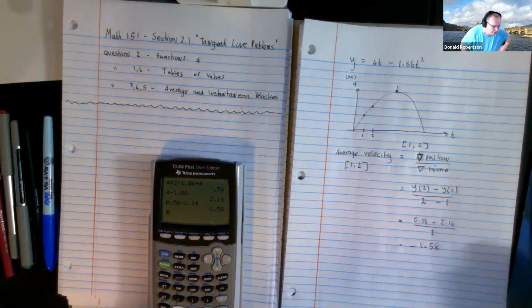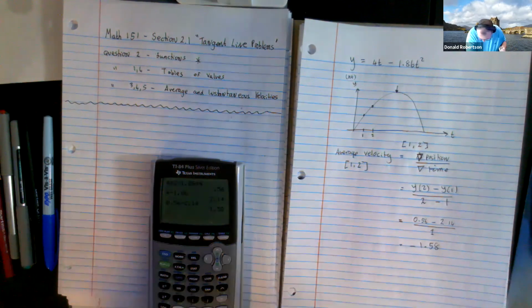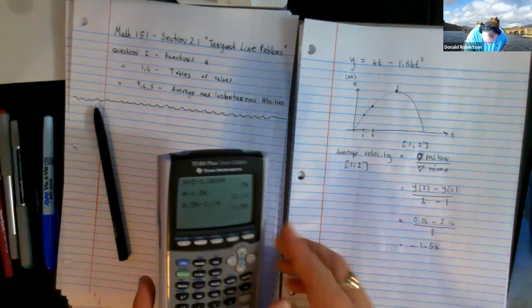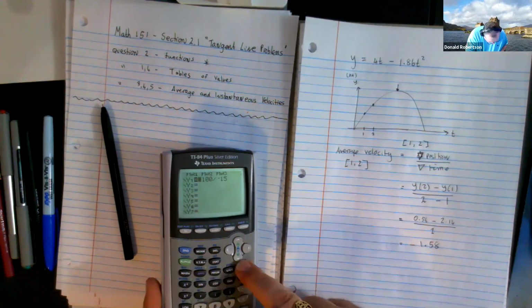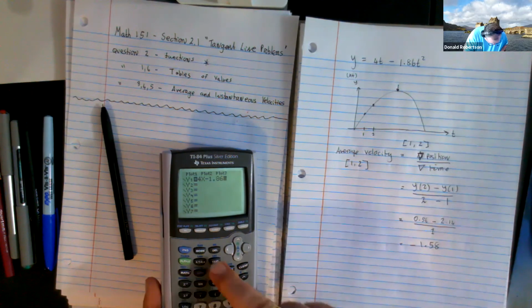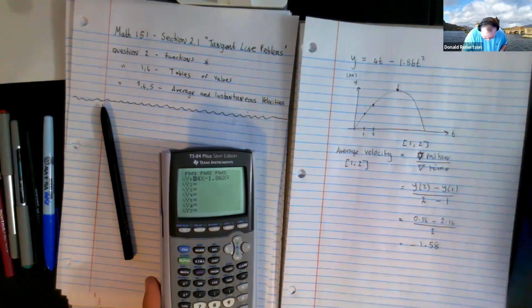Well, it must be perspective. Right, it is my number. We'll find out in a minute when I do it the other way. y equals, I'm going to have to call it 4x, take away 1.86 x squared. Oh, I think I know what happened. I know what happened.